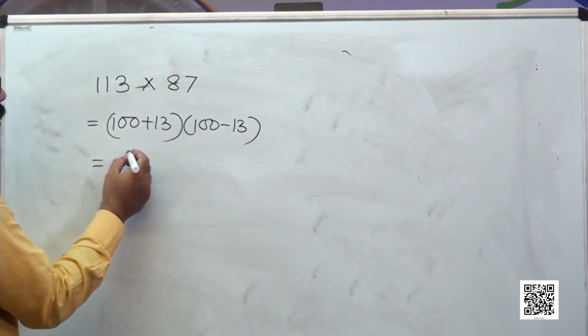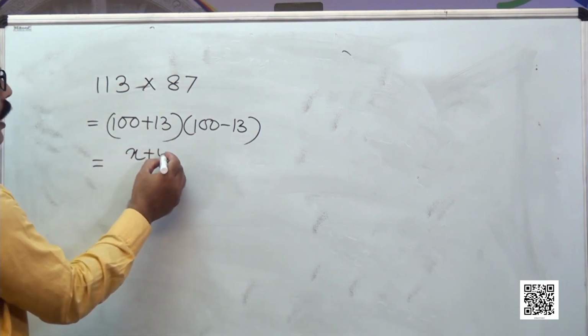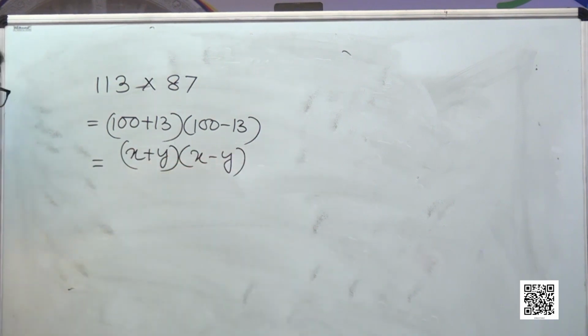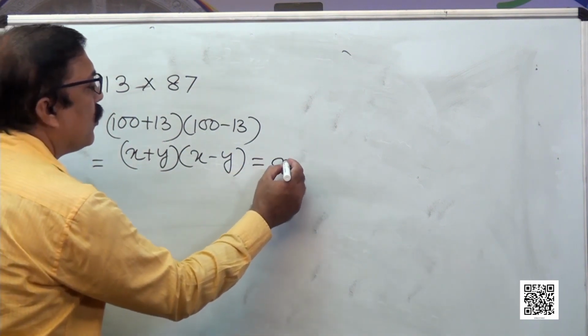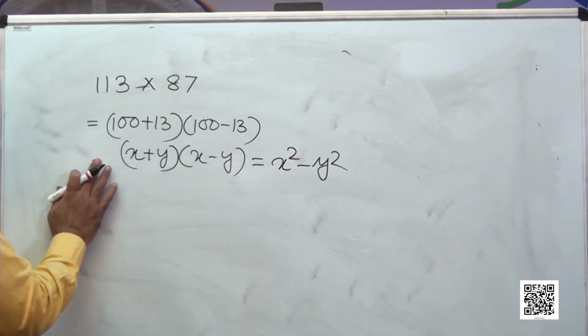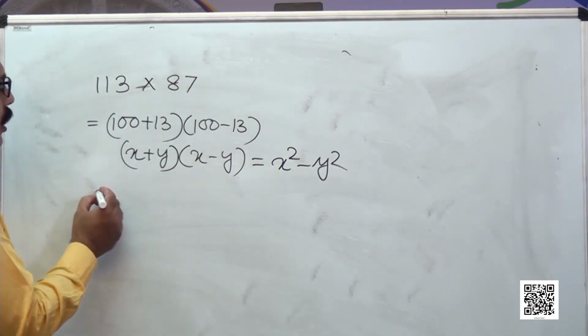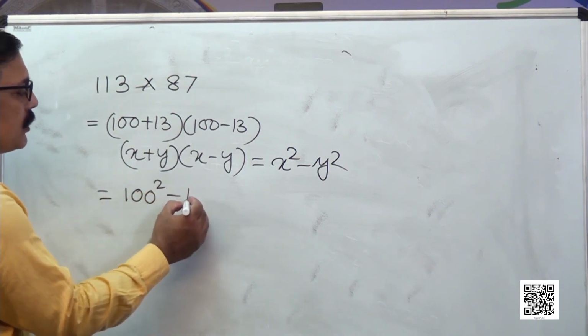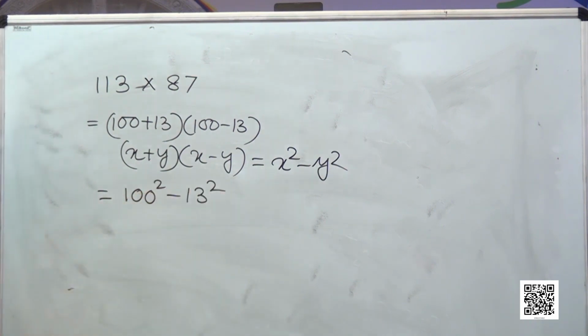We can compare this with x plus y into x minus y, which we know is x square minus y square. So we can simply use this: 100 square minus 13 square.